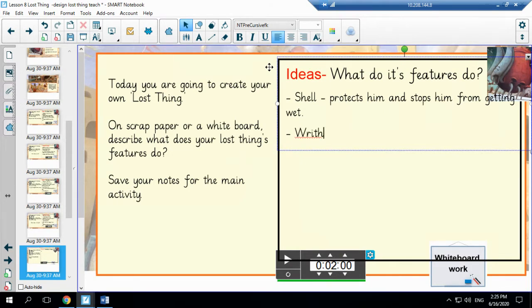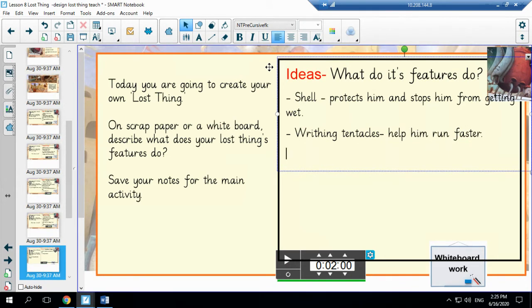Writhing tentacles. And his tentacles help him run faster. The bells, which are attached to the pincers, tinkle a tune to grab people's attention.